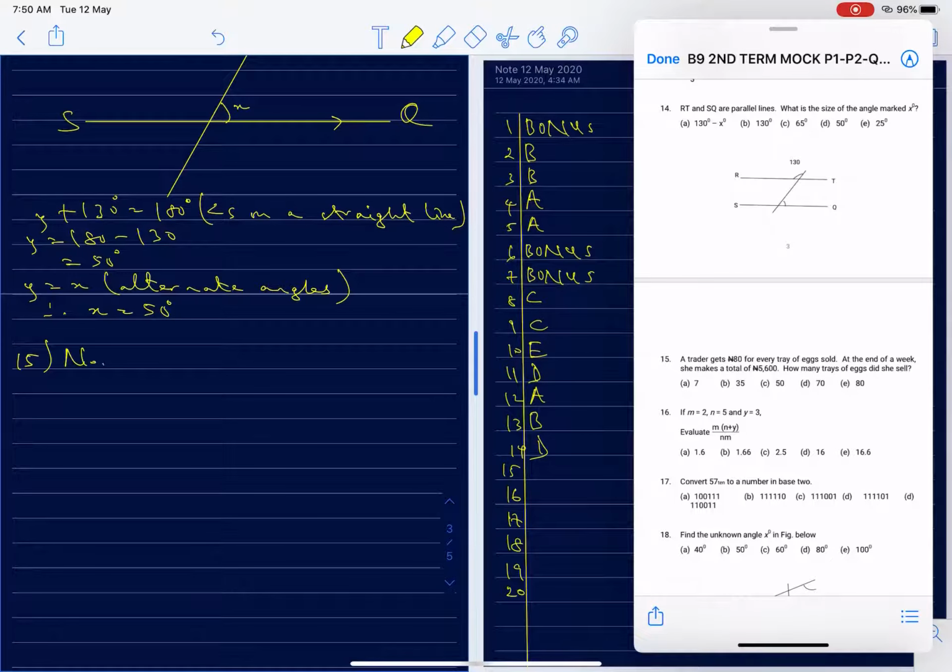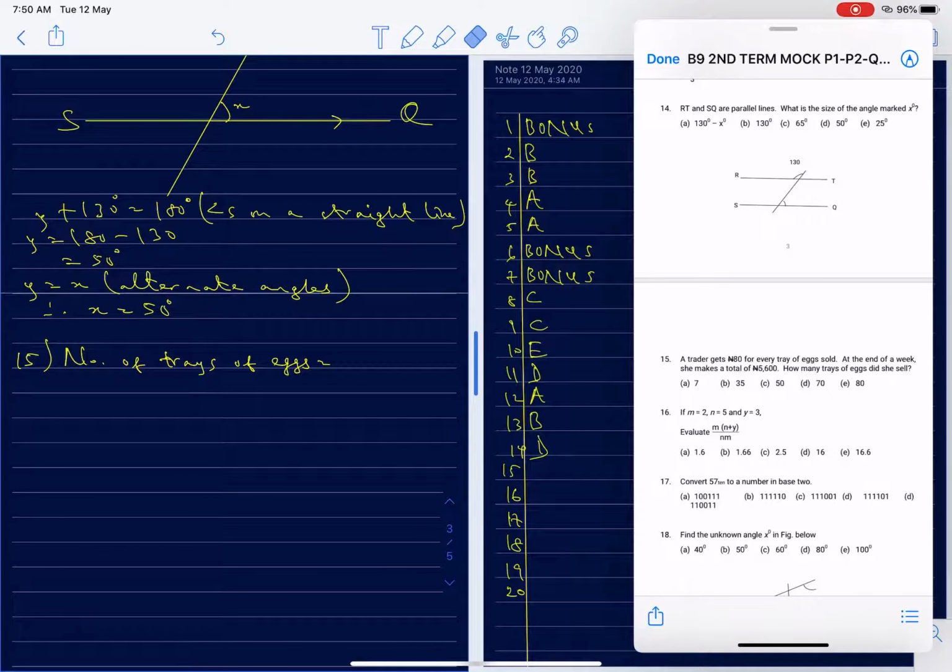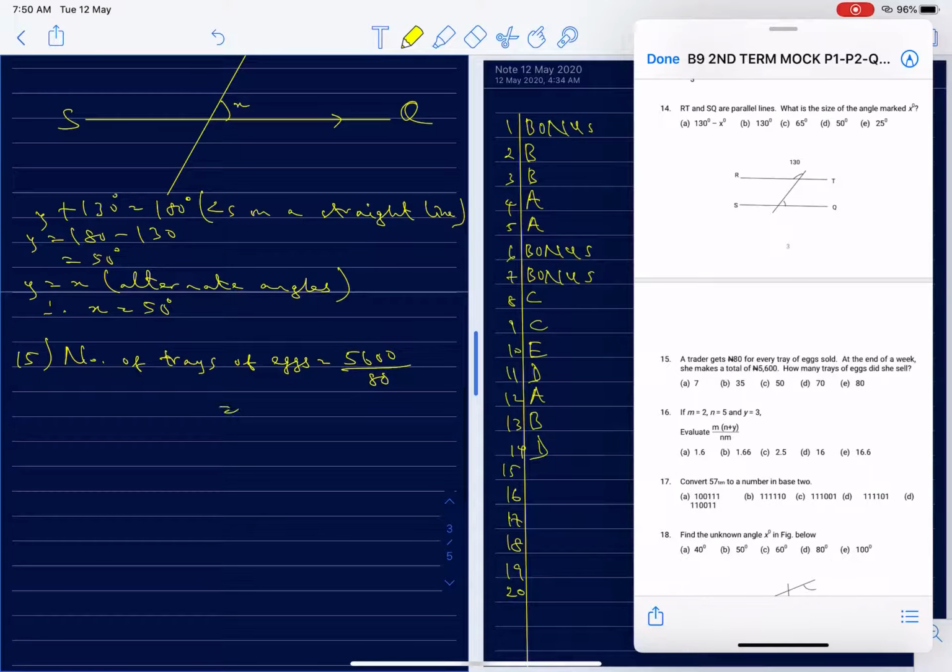Number 15, number of trays. Number of trays of eggs is equal to the total amount made in a week divided by the amount you get per tray of eggs she sells.